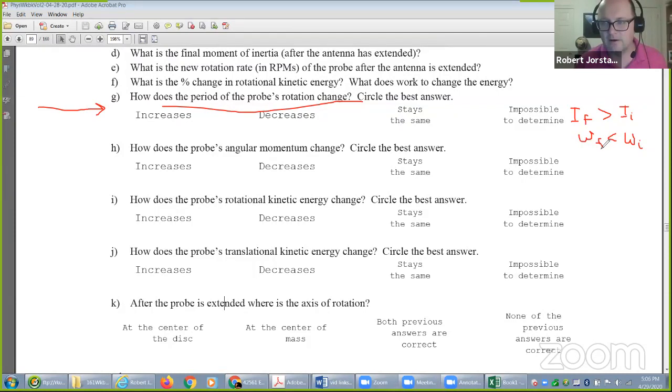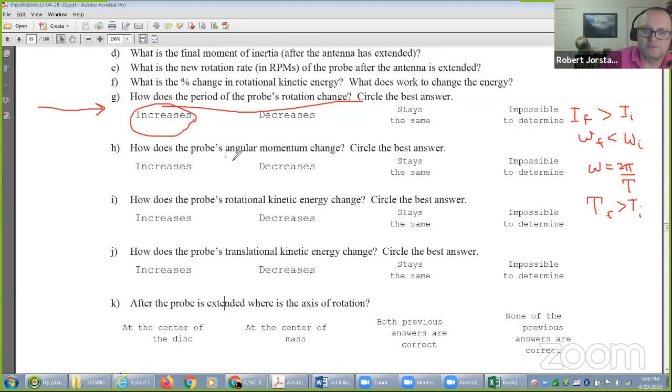So now if rotation rate is inversely proportional to period, right? In this case, that says the period final should be bigger. It rotates slowly. That means it takes more time. So I say the period should increase.